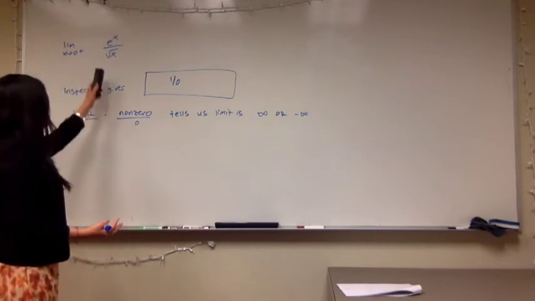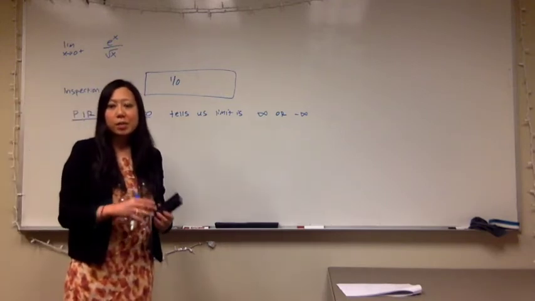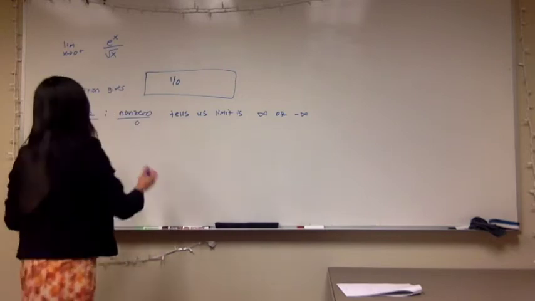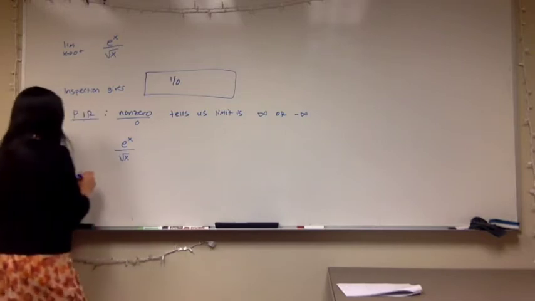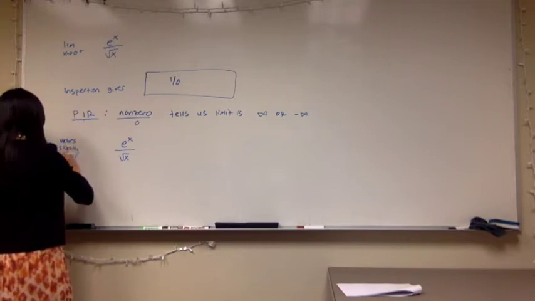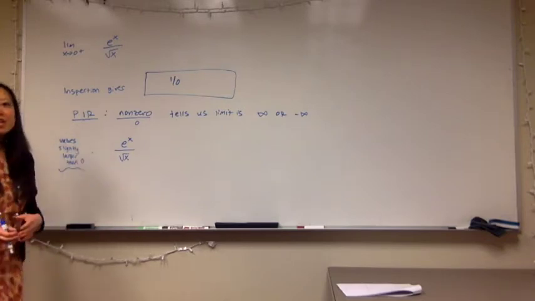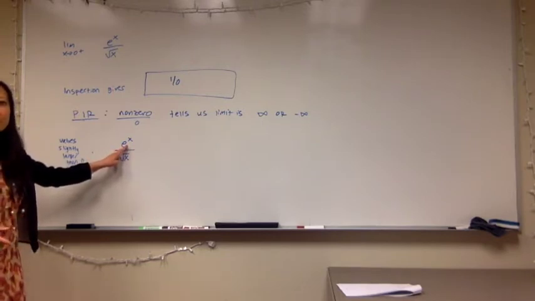So what I'm going to do is look at values slightly larger than 0, because I'm coming from the right side, and see whether I have positive or negative values. So if I look at e to the x over square root x, and I think about values slightly larger than 0, well, the exponential function is always positive no matter what.